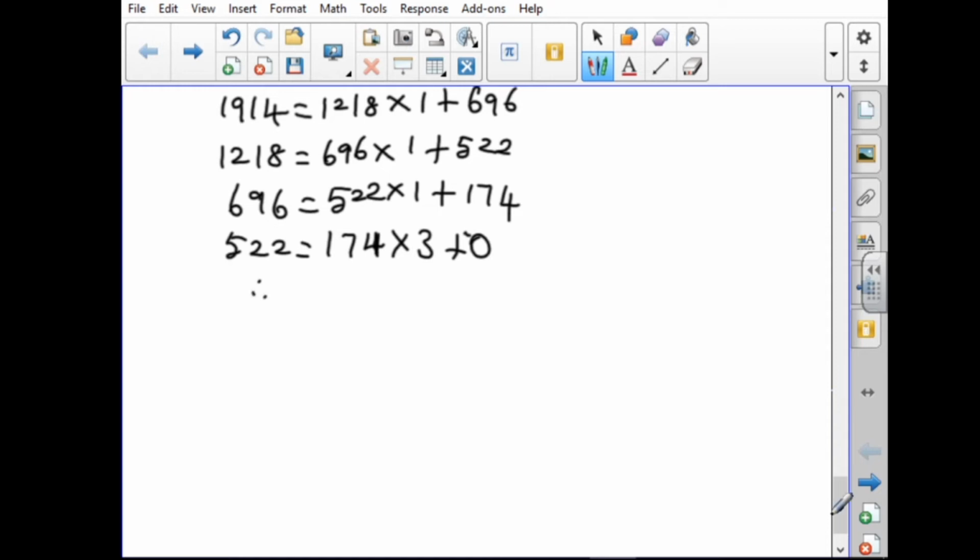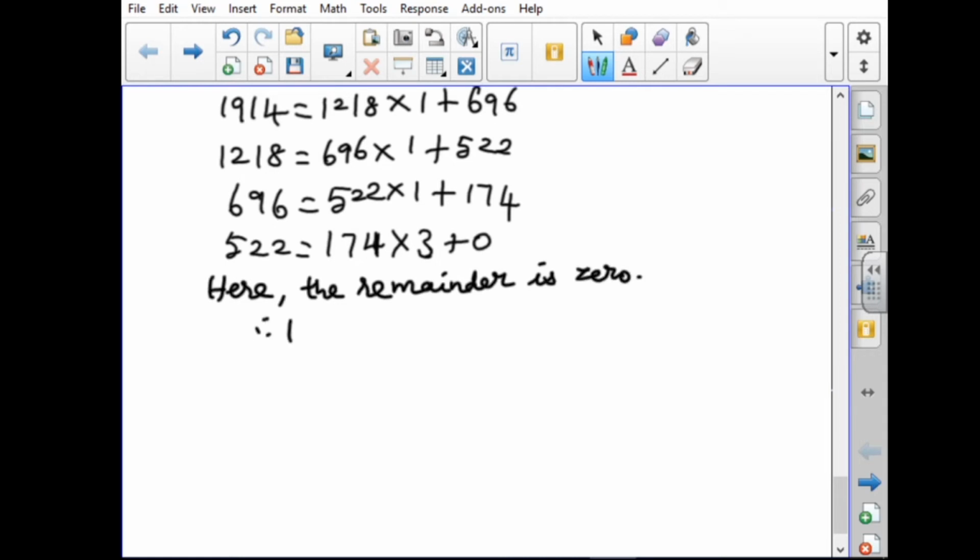Therefore, here the remainder is 0. Therefore, HCF equal to 174.